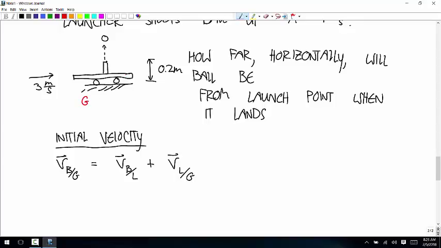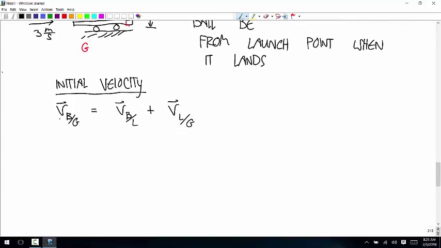So this is the ground, this is the launcher. We want this one. So what's the velocity vector of the ball relative to the launcher? 0, 4, yep. So that's the one that's 4 meters per second up.